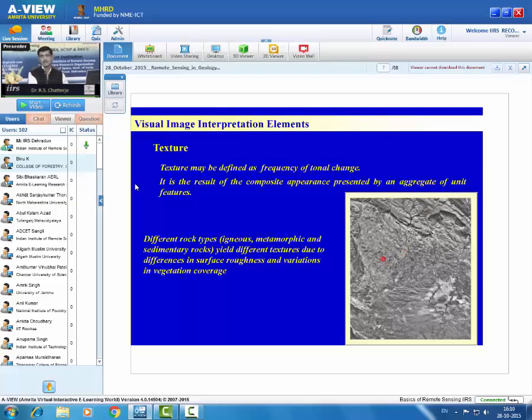Whereas this is the igneous rocks, particularly granitic rocks, and you can see the very rough terrain, and this rough terrain gives you this very rough texture. And this is a metamorphic rock, which is characterized by foliation and schistosity. So it gives you a lot of striations along the foliation and schistosity, which you can very clearly interpret from here.